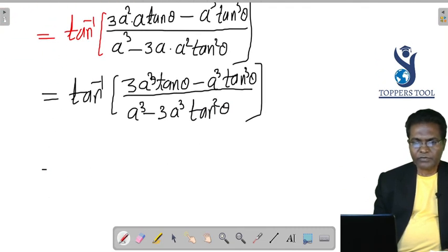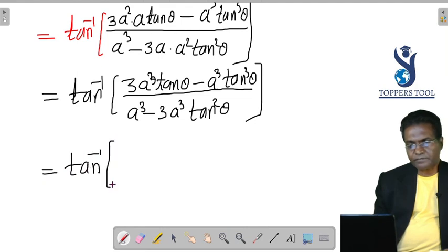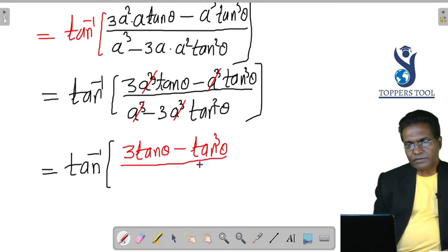Okay, so a cube is common in the numerator as well as in the denominator. So a cube cancels. If you take a cube in the numerator and denominator, they get cancelled. So every term is having a cube. So you are left with 3 tan theta minus tan cube theta divided by 1 minus 3 tan square theta.